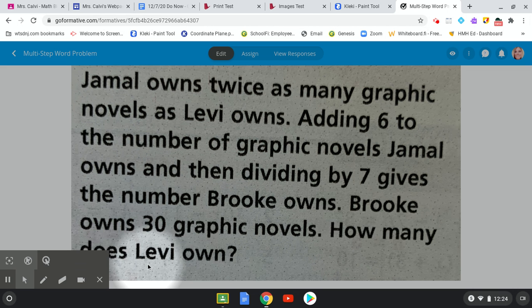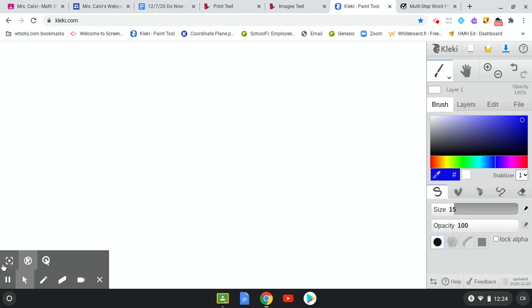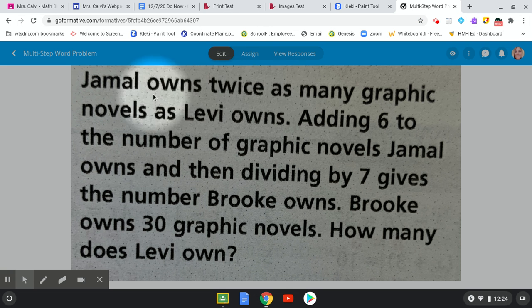So our unknown is Levi's number, and we're going to use the variable L for that. So 2 times L, that's where I'm starting. I'm going to do a cursive L just because I don't want it to look like a 1. Now let's go back to see what the problem says.